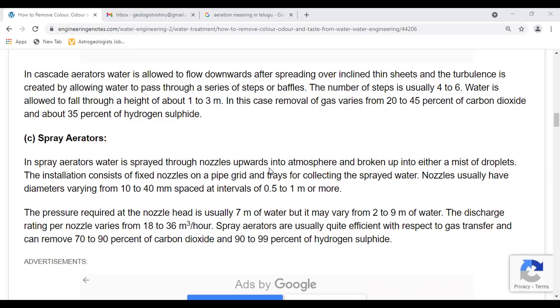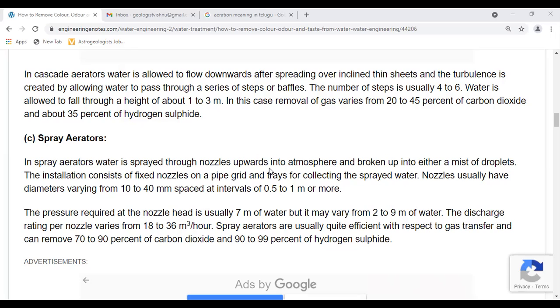Nozzles usually have diameters varying from 10 to 40 millimeters, spaced at intervals of 0.5 to 1 meter or more. The pressure required at the nozzle head is usually 7 meters of water, but it may vary from 2 to 9 meters of water.